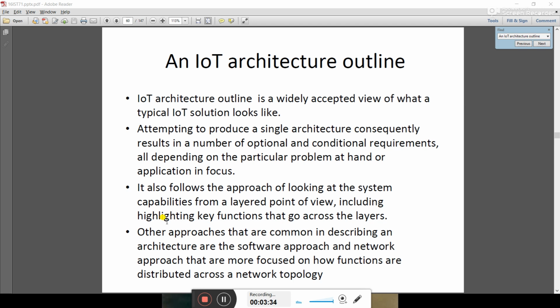Other common approaches in describing an architecture are the software approach and the network approach, which focus more on how functions are distributed across a network topology. There is one more thing we need to describe: the API keys and app function keys. We need to provide these for a particular hardware, and to find this hardware on a network, we need to send the API key on the network.